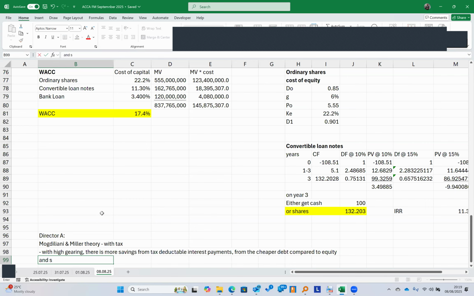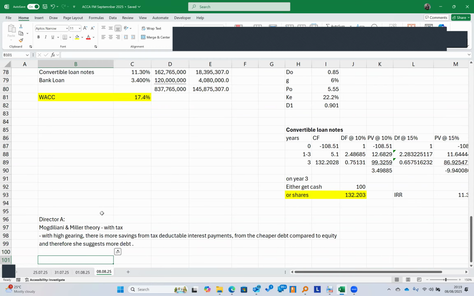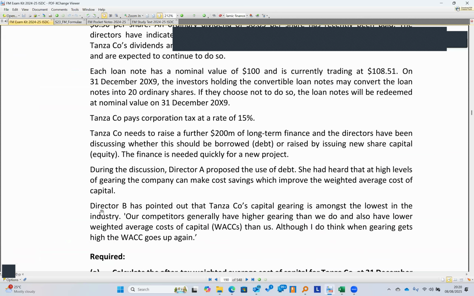And therefore, she suggests more debt. Of course, we are going to say some, however, but let us first see what Director B is saying.